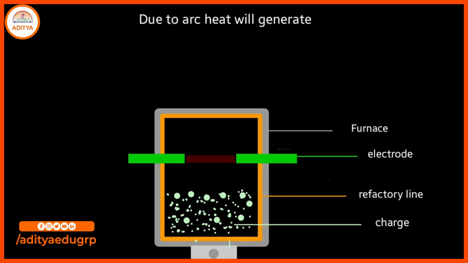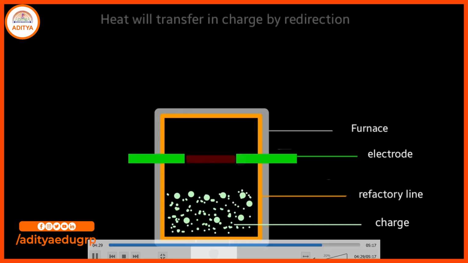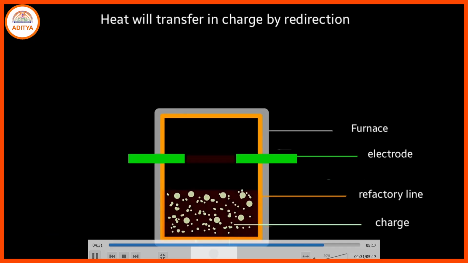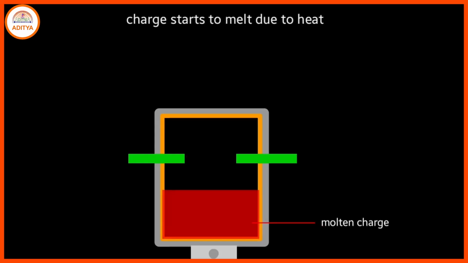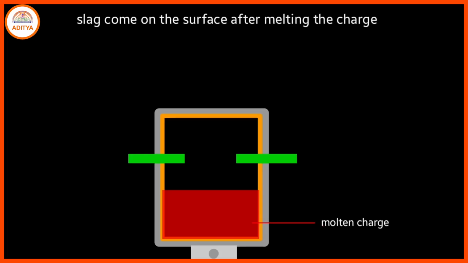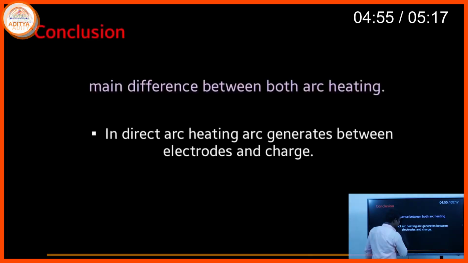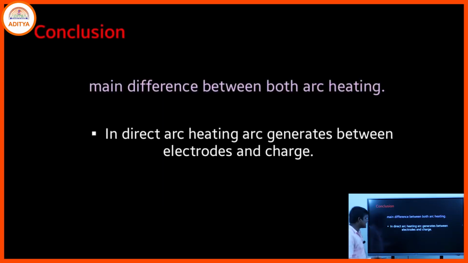When we give the current, heat is generated and the charge is converted into molten metal. Then we tilt the furnace, remove the slag, and collect the molten metal.